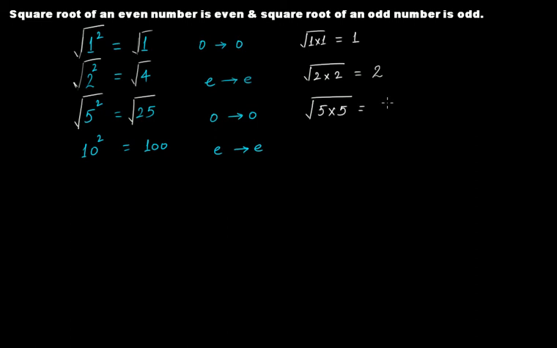So you get 5. So if you take the square root of an odd number, you get an odd number. Last one, this is the square root of 10 squared, that is the square root of 100. The square root of 100 is what? The square root of 10 multiplied by 10. So you get 10, right? So if you take the square root of an even number, you get an even number.